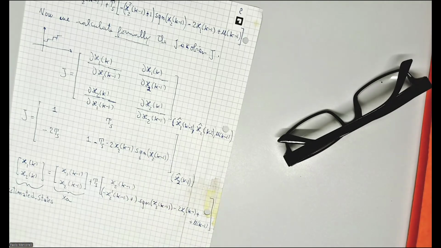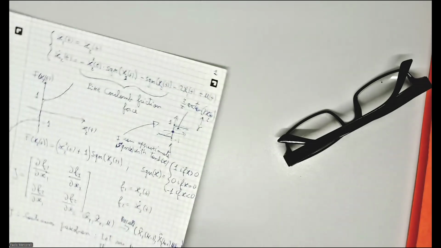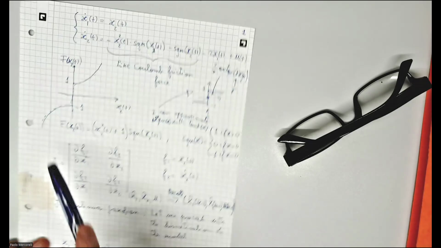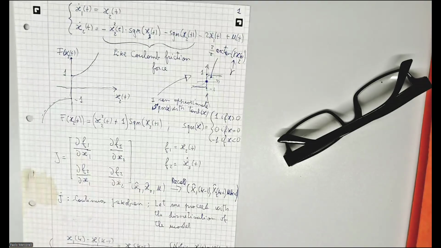Nevertheless, the error which I have for x2 equals 0 could represent a problem, but it can be compensated, as you remember, with this variance on the model, because this model here is still something abstract. It does not represent exactly the physical system.